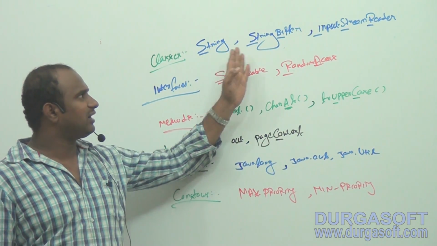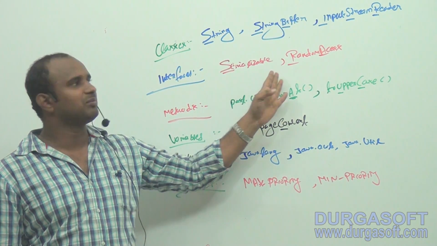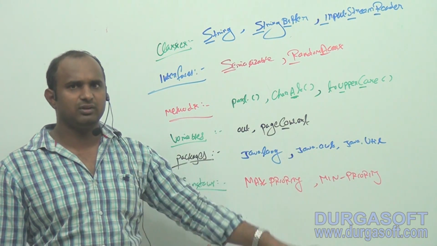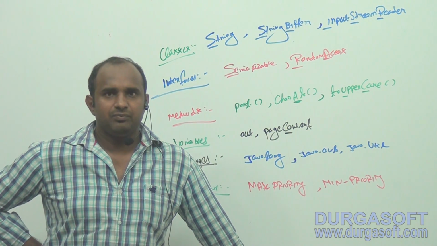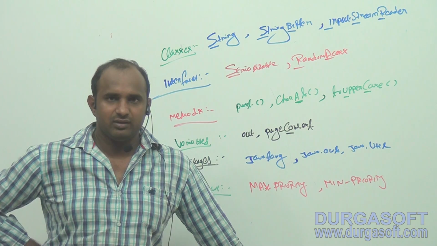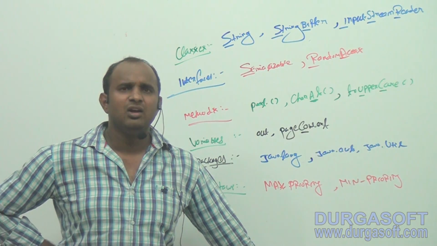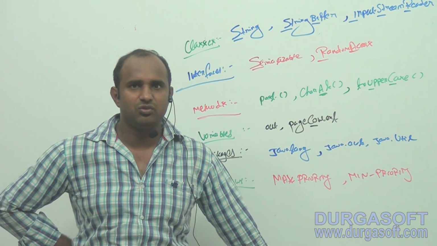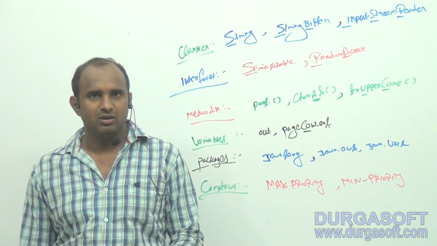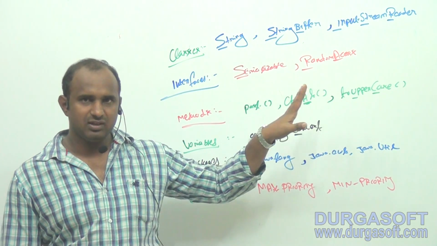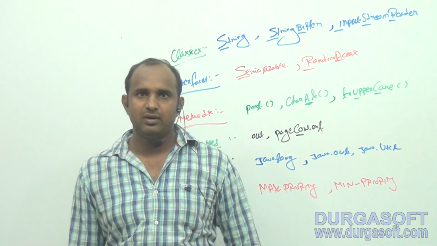String is a predefined class, StringBuffer is a predefined class, Serializable, RandomAccess, all are predefined only. So the coding conventions are mandatory for the predefined library and optional for the user defined library. User defined library means user defined classes, user defined methods, user defined interfaces. I hope the point is clear.